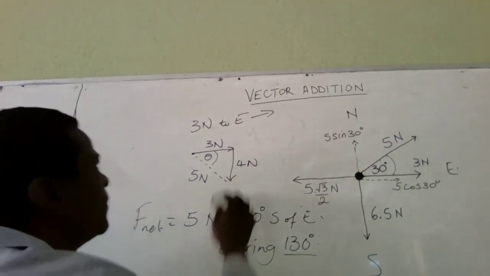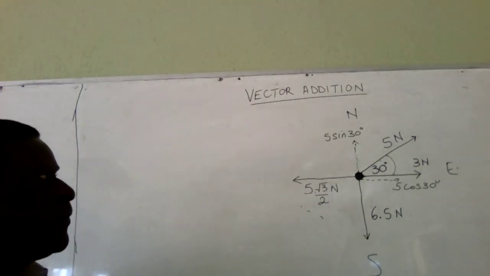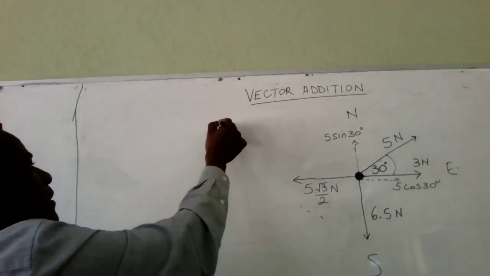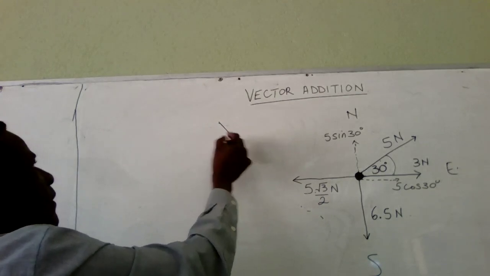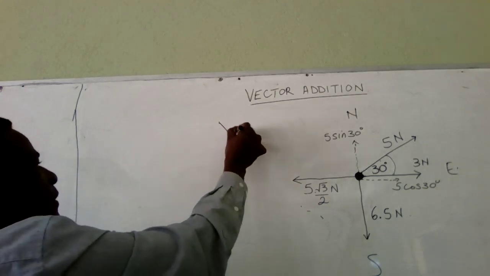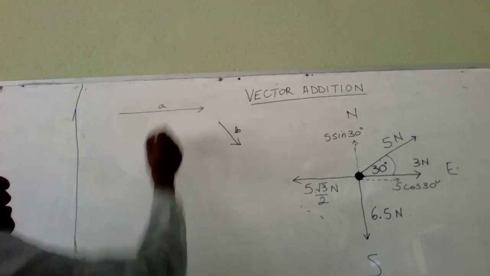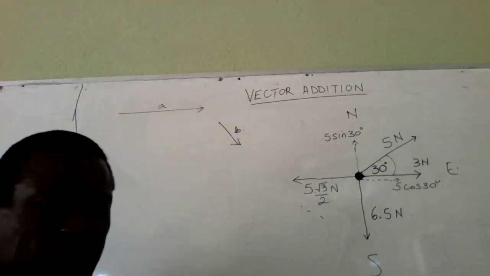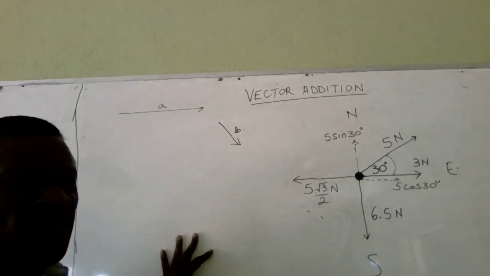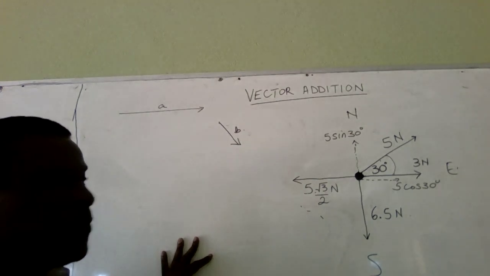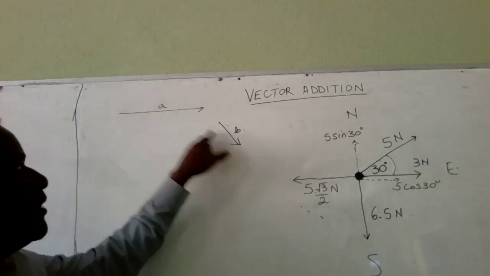There was a question in the chemistry paper that is very simple. Remember, we said you have a vector which is like this, and let's call it A, B. And another one was going like this. We called it N. They said, in which direction? Because in the Cambridge paper, multiple choice questions: in which direction is the net? In which direction will be the resultant of these two vectors?